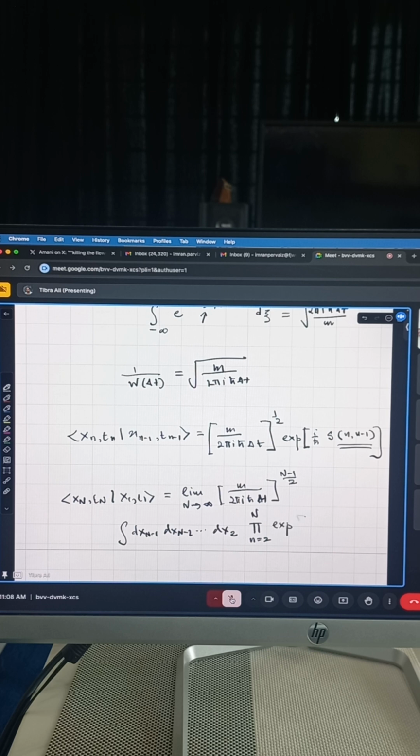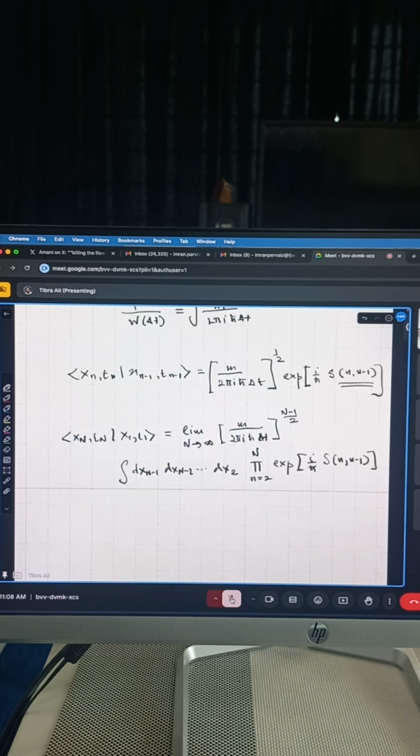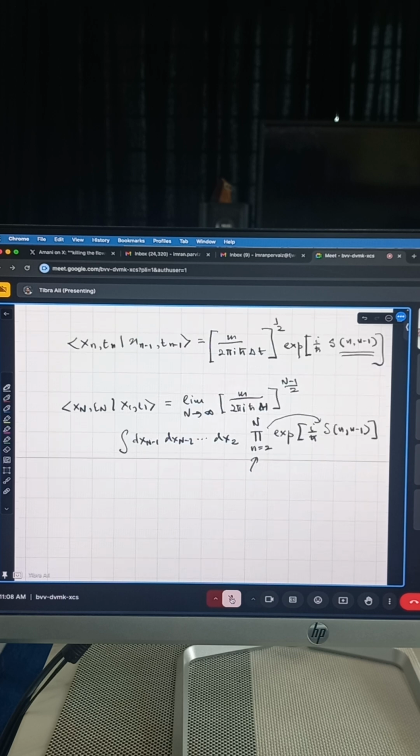And this product can now be taken inside the exponential and made into a sum. And therefore, in the limit where n goes to infinity, the sum basically becomes an integral, right?